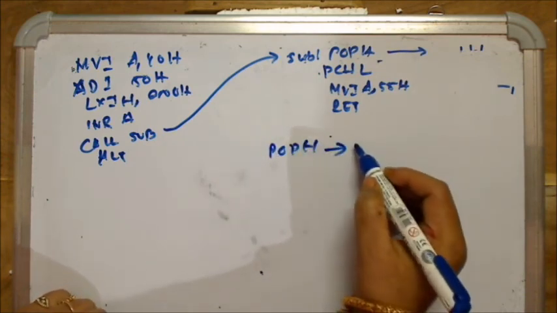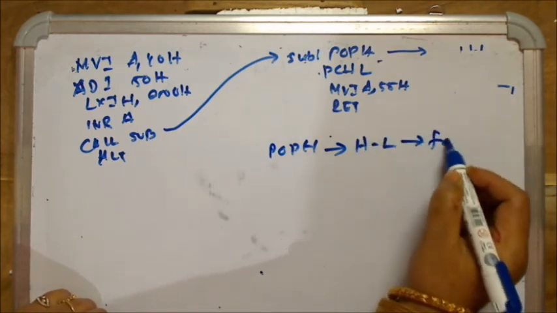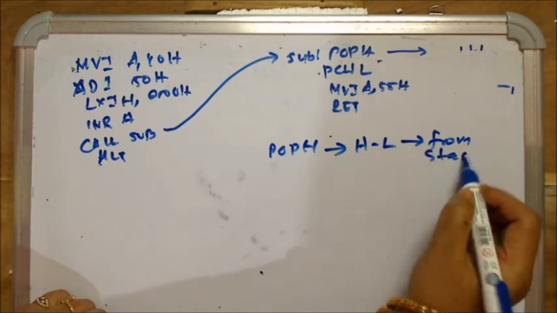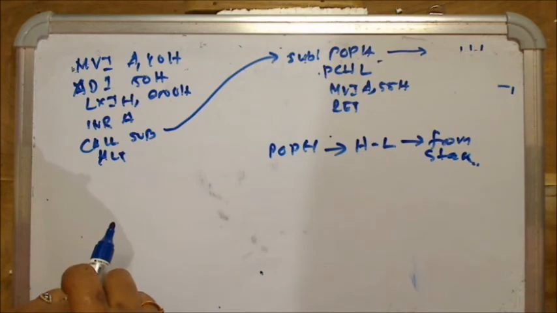It gets the value of the HL pair from the stack. This means the return address is now in the HL pair.